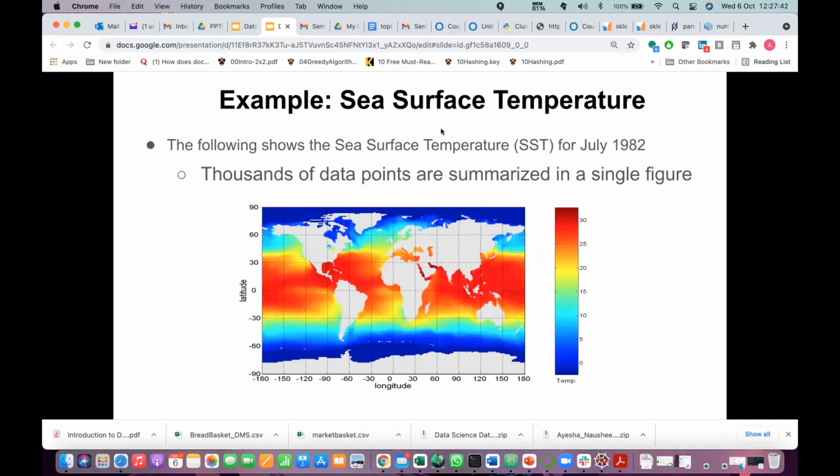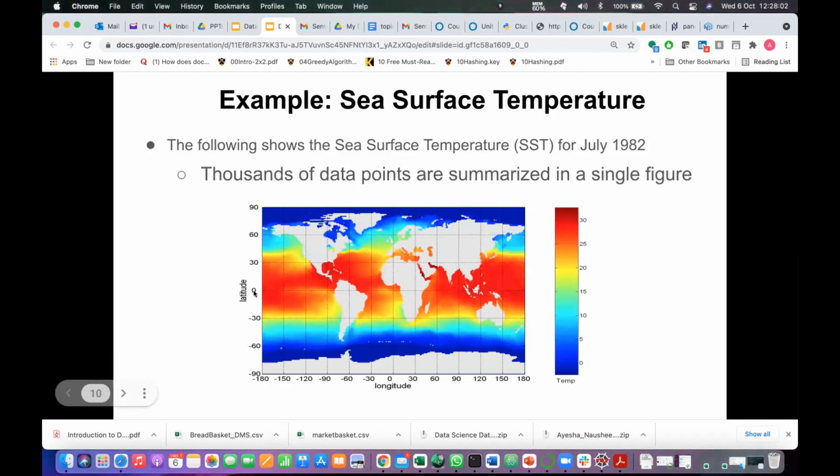Then sea surface temperatures. Thousands of data points are summarized in a single figure. Now, what will you identify from this visualization? As you are close to the Mediterranean line, what is happening in these temperatures?